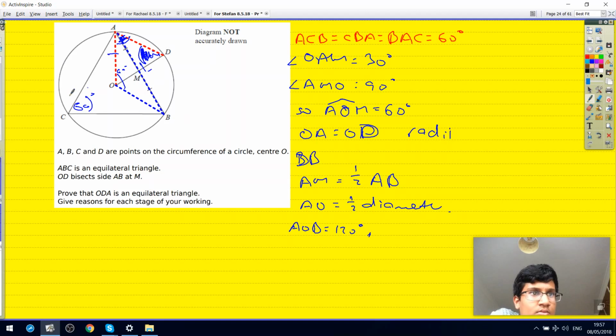So I think the trick there is saying ACB is 60 and so AOB must be 120. And then a half of that, AOD would have to be 60. We know that these two are equal angles because it's an isosceles triangle, because they're both radii. So it's like 180 minus 60 and then half it. And so all three angles are 60. Okay, that makes sense.